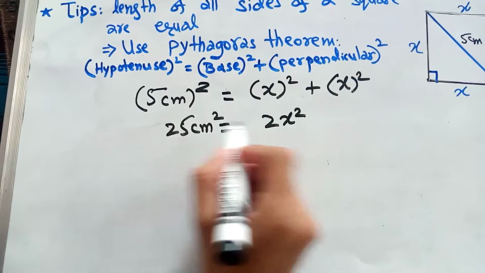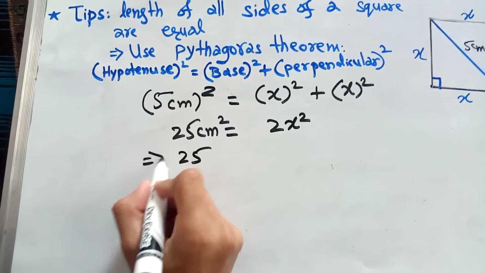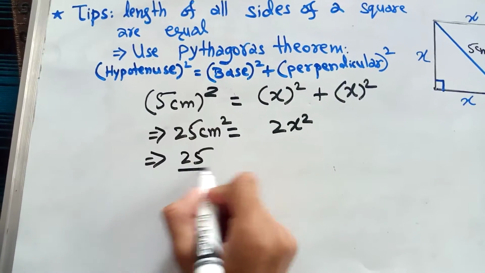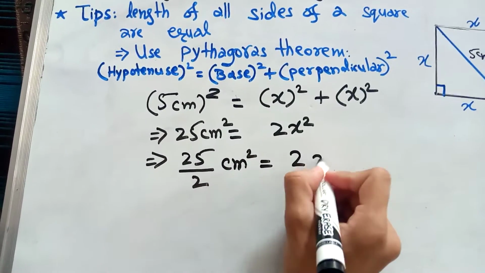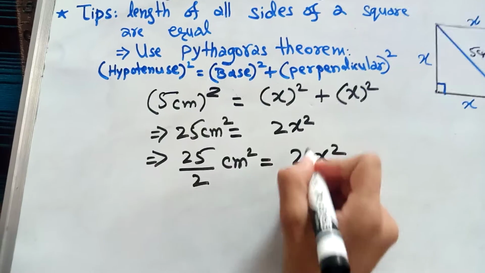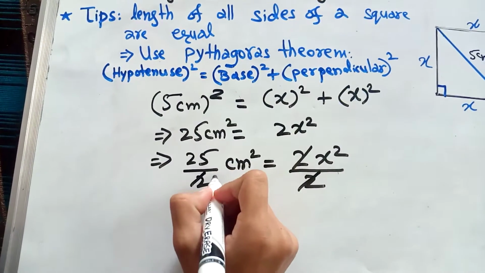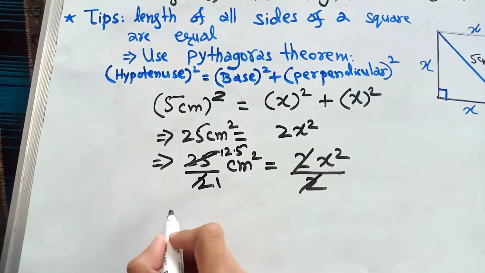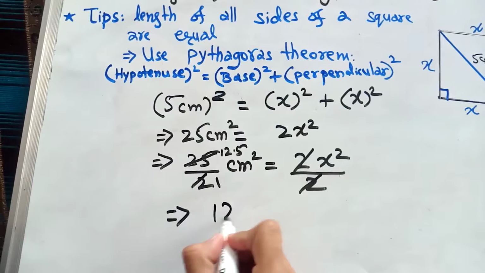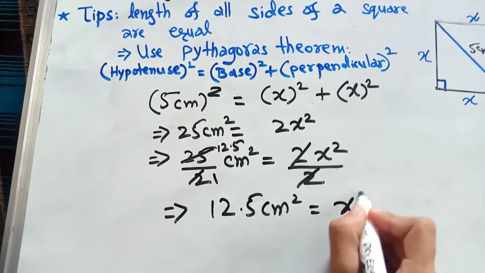So dividing both sides by 2, we get, so 2 and 2 cancel, and 2 into 12.5 is 25. Here we get 12.5 centimeter square equals x square.